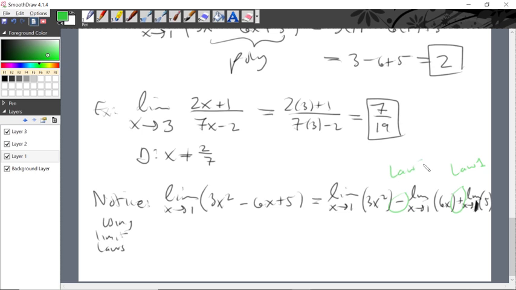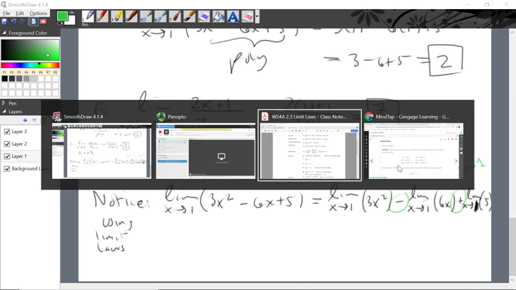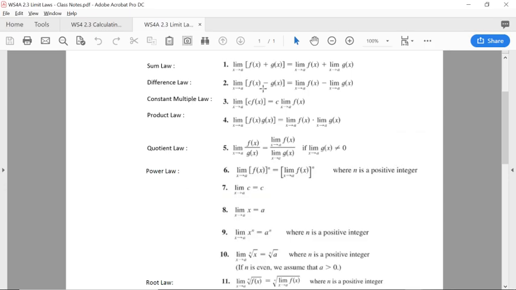That would be law 2, the difference law. We have a limit of a difference, then we can split up the difference. Both of these say that we can distribute the limit. We're also going to use the constant multiple law. We'll also be able to use this constant one. We'll be able to use 8 and 9, all of those together here.